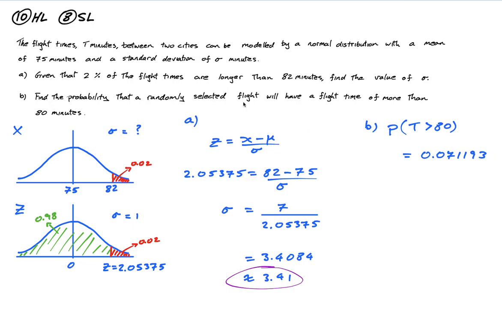So what's the probability that a randomly selected flight will have a flight time of more than 80 minutes? The probability is 0.071193. You could say, if you like, 7.12%, rounded to 3 significant figures.